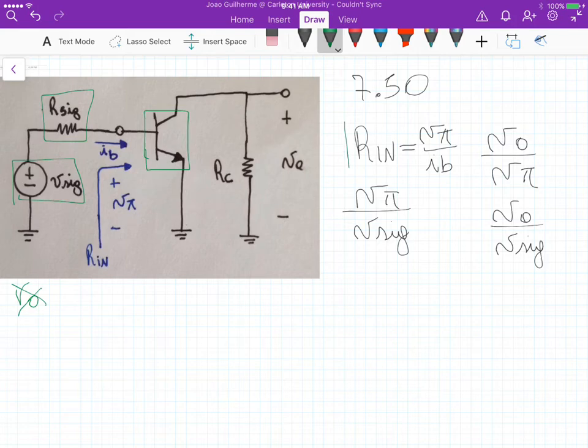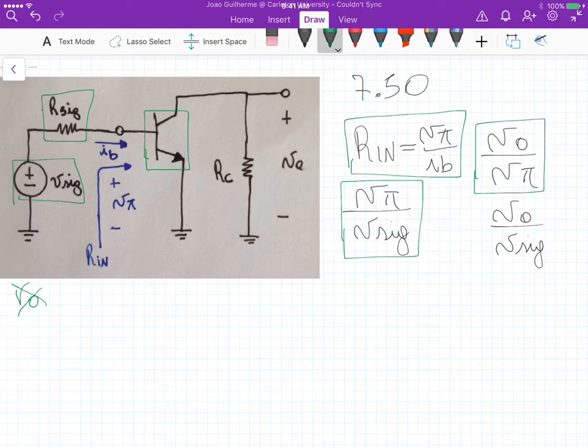We need to calculate the voltage transmission from source to amplifier, which is V pi over V signal. We need to calculate the voltage gain from base to collector, and the overall voltage gain, which is the ratio of V out over V signal.